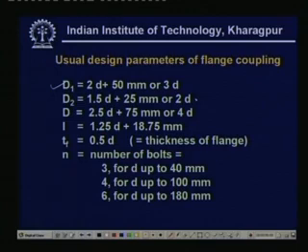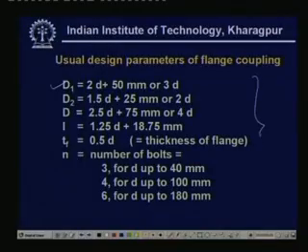Because the couplings are manufactured by different manufacturers, and so we have to come to a standard. So, normally this standard is followed unless otherwise specified to the manufacturers. There are catalogs available from the manufacturers, and we will have to look into those catalogs to find out the exact diameter, but what you see here are normally the usual dimensions maintained in practice.